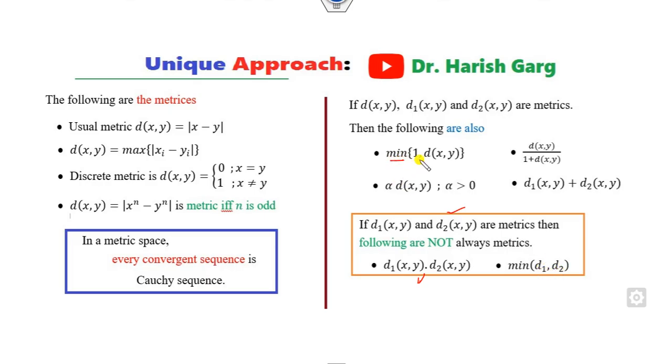However, minimum of 1 comma d will be a metric space, and clearly, the maximum of 1 comma d is again not a metric space. So you can easily prove it by showing that one of the properties is not satisfied. Now based on this simple shortcut trick that is given on your screen, I can solve all those PYQ questions in a very simple manner.